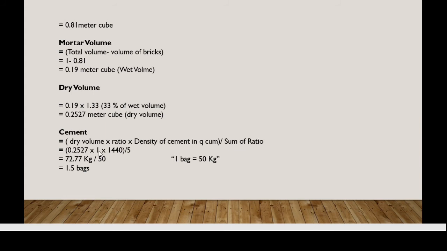The ratio is 1:4, this 1 is for the cement, into density of cement. We take the density of cement in kg, divided by the sum of the ratio. So 72.77 kg divided by 50 equals 1.5 bags, as one bag of cement equals 50 kg of cement.